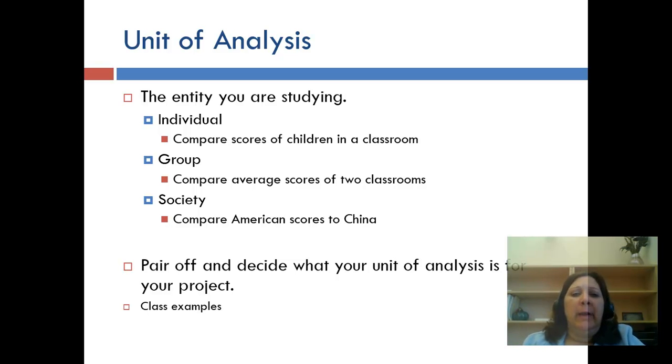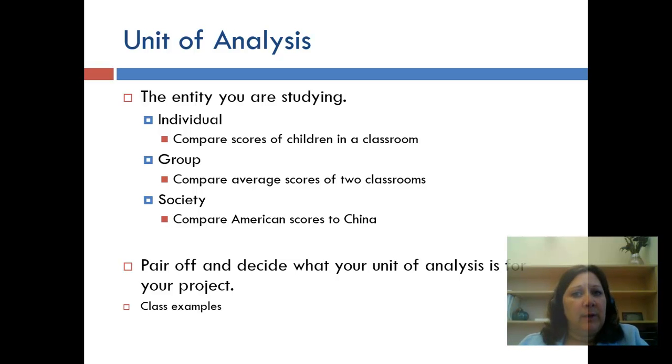So our example on the PowerPoint is, if we want to compare scores of children in a classroom, we're looking at the individual unit of analysis.